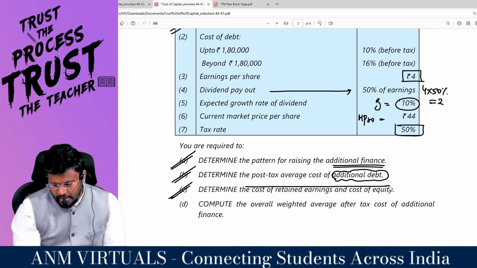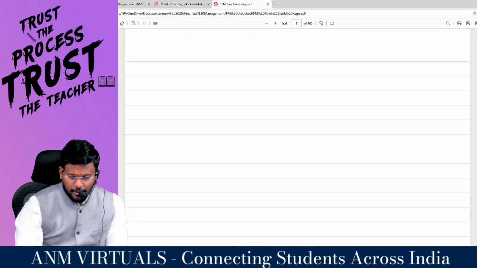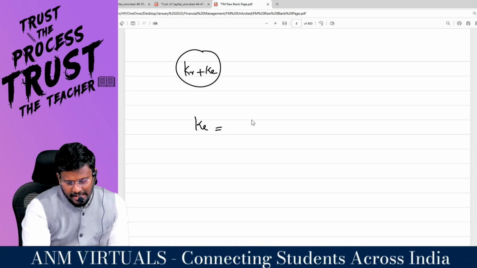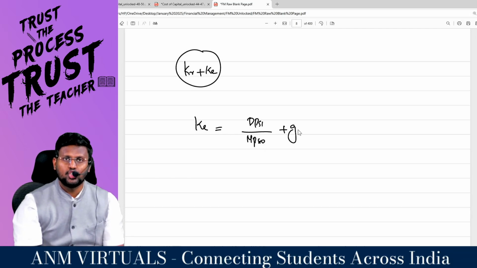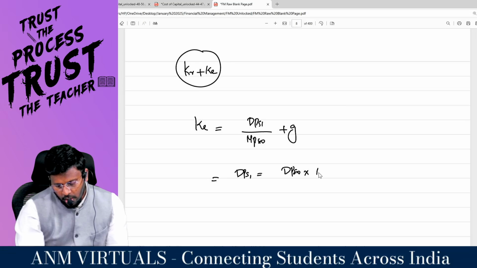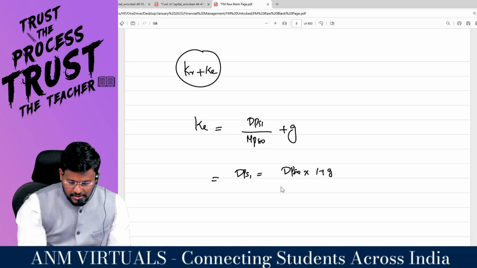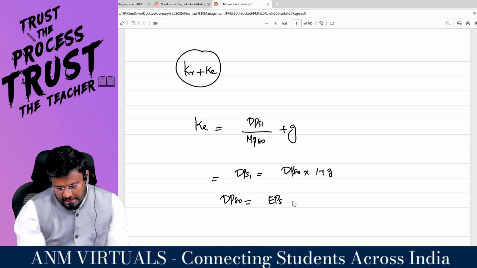Determine the cost of retained earnings, which is KR and KE. So we are going to calculate the third part of the question, which is KR and KE. KE is equal to DPS 1 divided by MPS 0 plus G. DPS 1 is equal to DPS 0 into 1 plus G. DPS 0 is equal to EPS into dividend payout ratio.